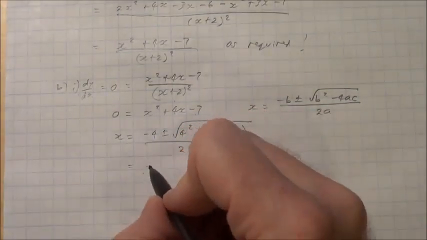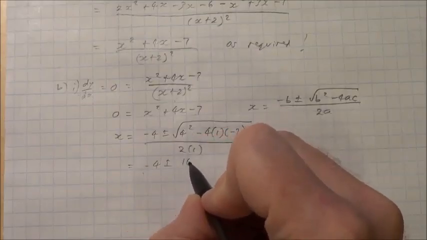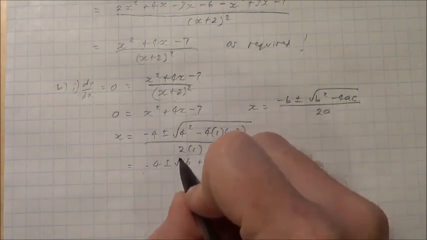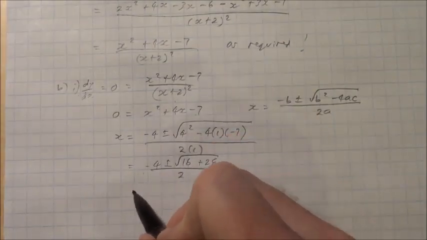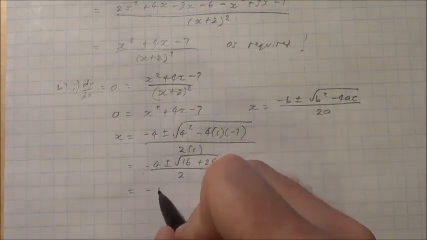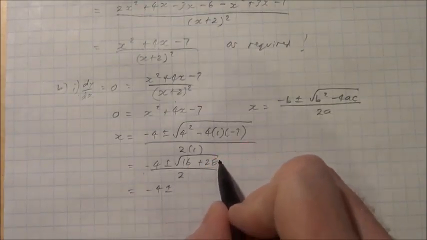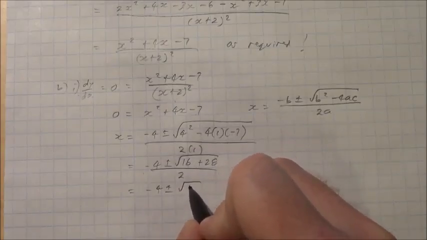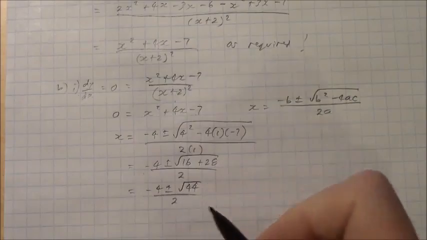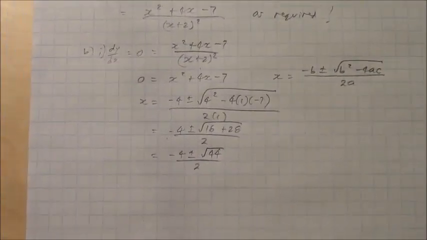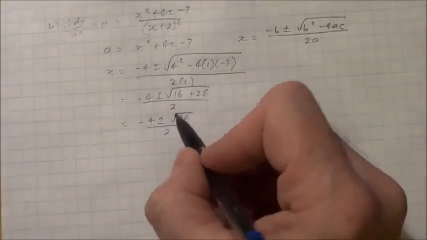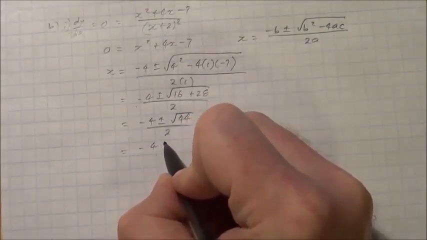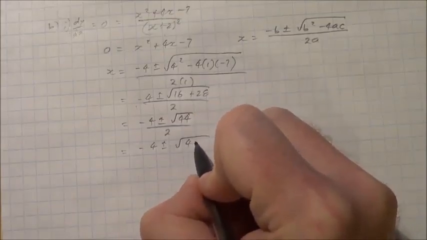Then I get negative 4 plus or minus, there's 16, negative 4 times 1 times negative 7 is 28, all over 2, and then I get negative 4 plus or minus 16 plus 28 is root 44, all over 2, and I will make this root into a mixed radical, so negative 4 plus or minus, that's 4 times 11.